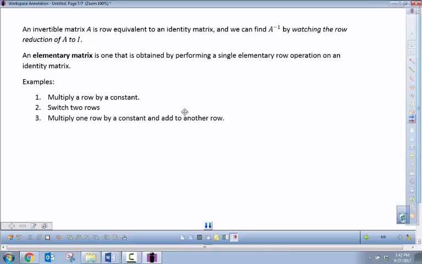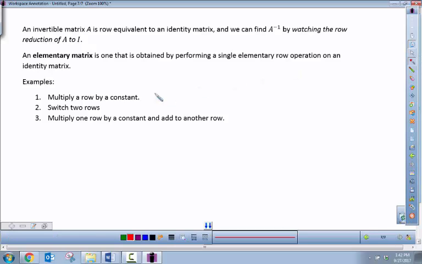And it turns out that one of the ways to do this is to do elementary row operations. Remember the elementary row operations from the beginning? It turns out that there are 3 elementary row operations.